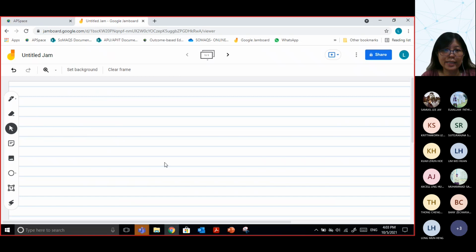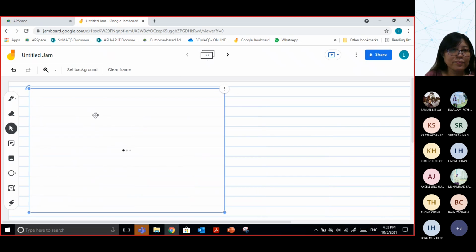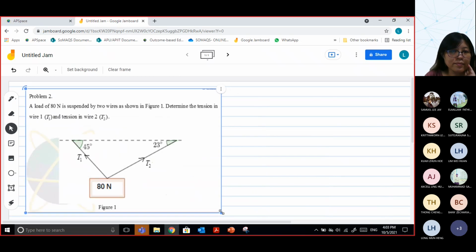Everybody, let's try it now. For problem 2, a load of 80 Newton is suspended by 2 wires as shown in figure 1. Determine the tension in wire 1, T1, and tension in wire 2, T2. It's already labeled which one is T1 and T2, so you just follow it.